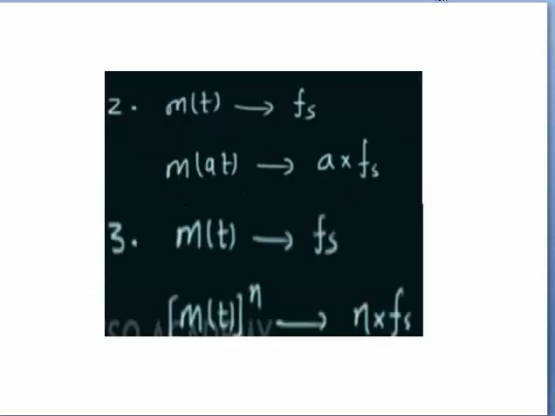The second property is the time scaling property or time scaling operation. Again a message signal m of t having a Nyquist rate Fs. Now we will scale the message signal by a, that is m of a t. So the old Nyquist rate Fs is getting multiplied by the amount by which we are performing time scaling.